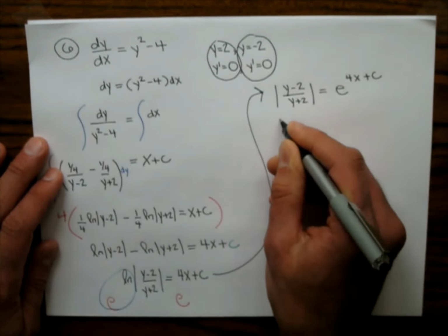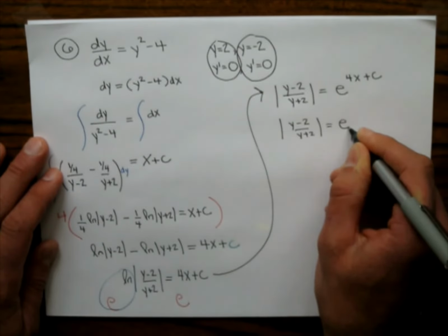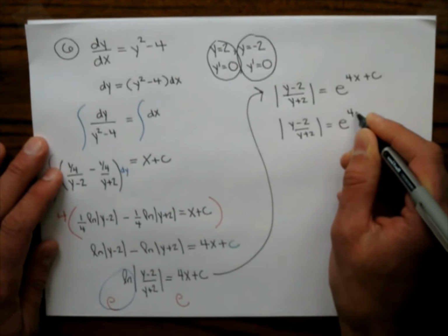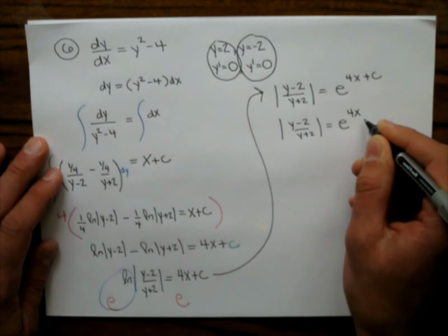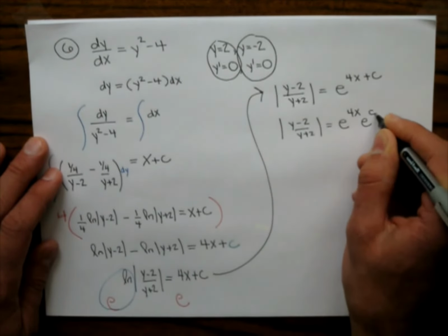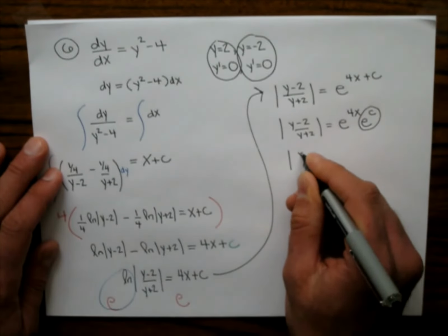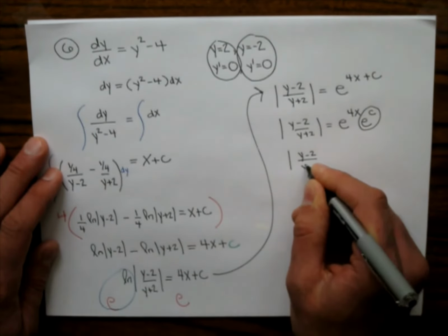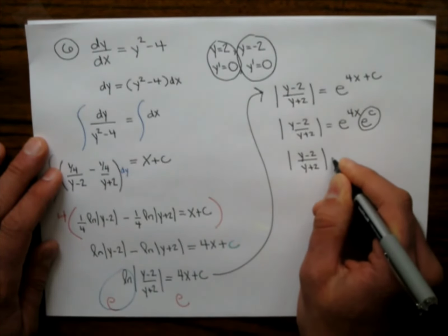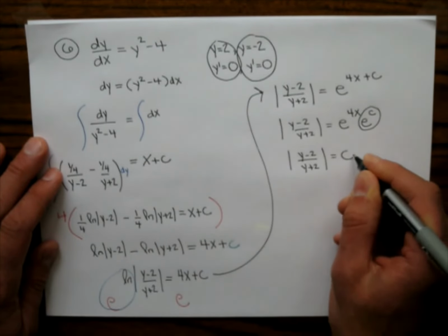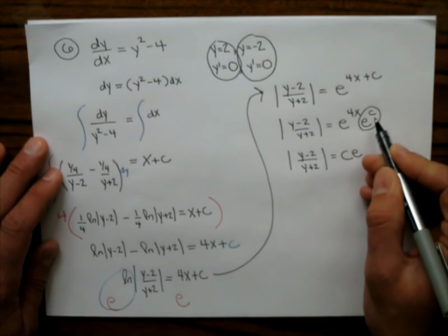Okay, so we have y minus 2, y plus 2. This is e to the 4x, e to the c, and e to the c is what? It is a constant. So I'm going to write my constant. You know what I'm going to call it? I'm going to call it c. That's right. It's a different c than that c.